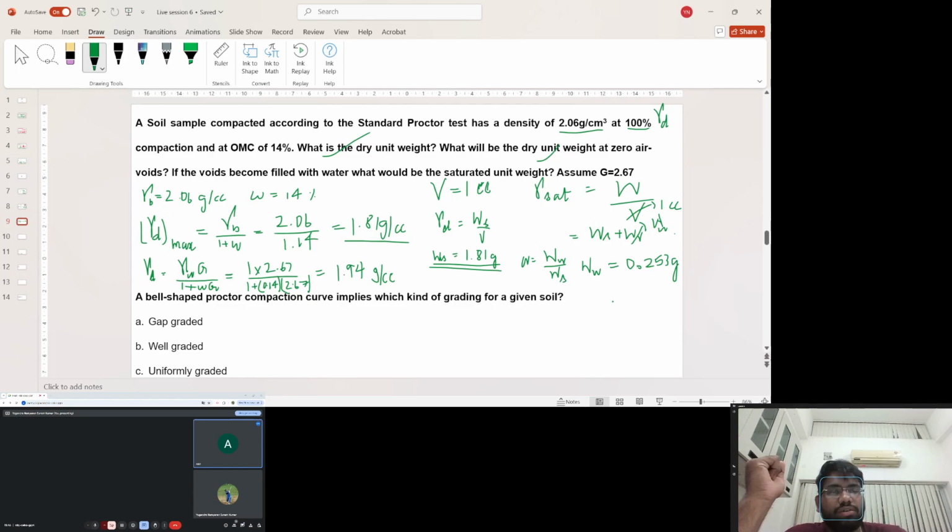So for that, what we can do is we know gamma solid, which is weight of solid by volume of solid, right? So weight of solids is 1.81. Gamma solids will be gamma W into G. So which will give us 1.81 divided by 2.67.